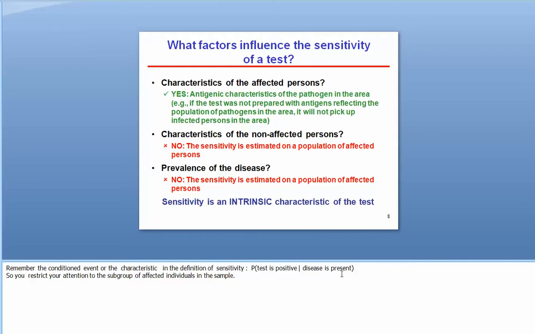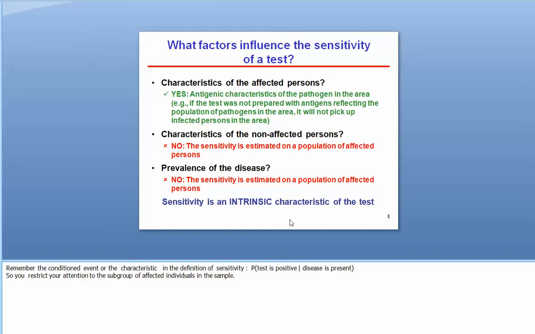Okay, that means affected persons. So this is the conditioning event. So the non-affected persons do not play a role in here. In other words, you are just forgetting about them from the entire population. You are considering only the affected.